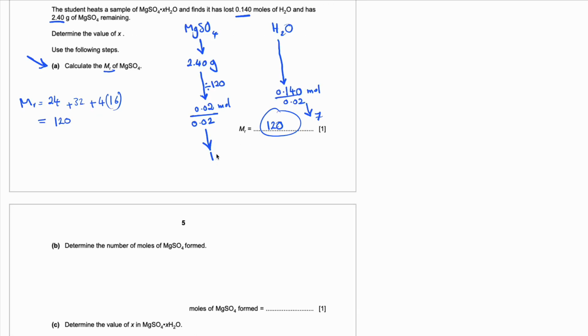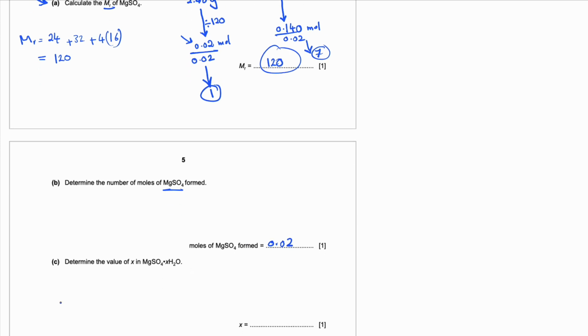We just solved the question in one whole process, but he's just cracking this question into steps. So in step B, he's asking you to determine the number of moles of magnesium sulfate. We already did it here, and we found that it's 0.02 mole of magnesium sulfate.